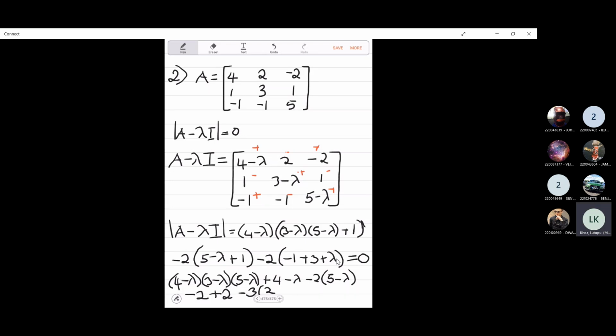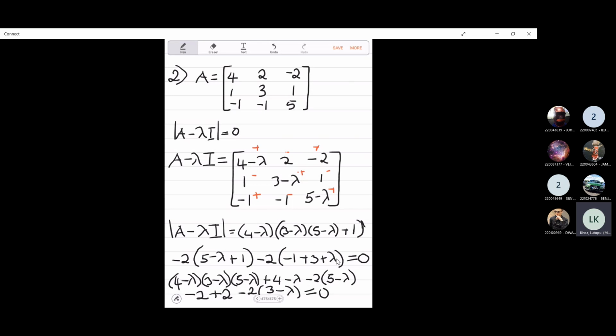Sorry, not -3, it is -2 times 3 minus lambda. This is equal to 0.